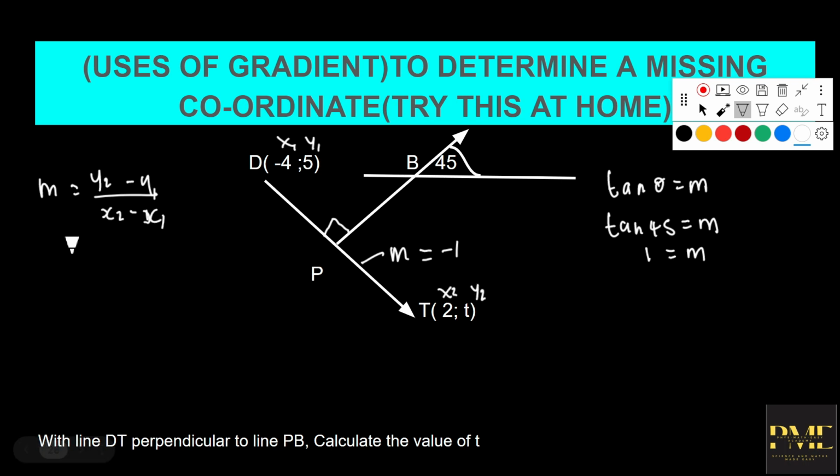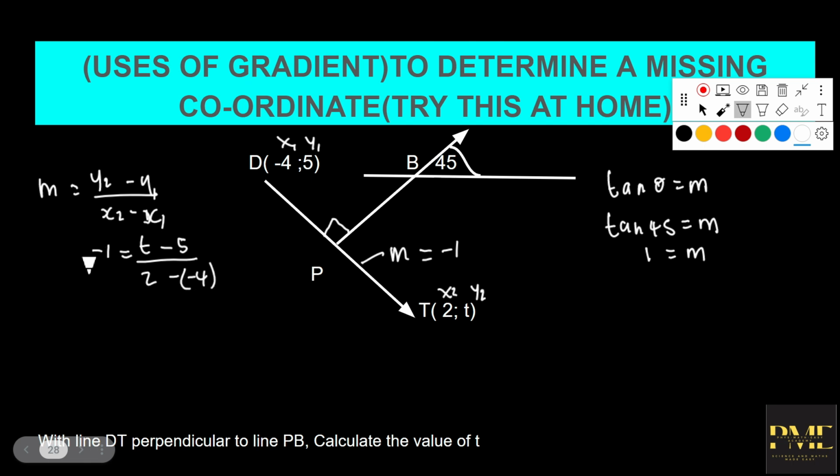Our gradient is equal to -1, because we now know our gradient is -1. This will be equal to our y2 which is t, so t minus our y1 which is 5, so it's going to be t minus 5, all over our x2 which is 2, right, minus our x1 which is -4. So we have to include our brackets here because minus -4.